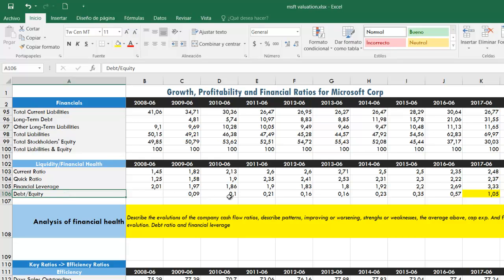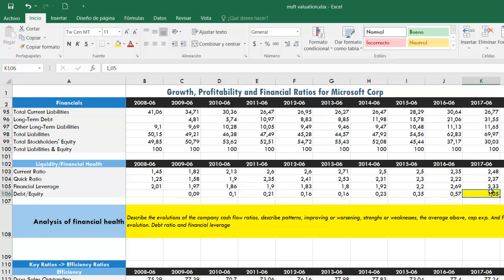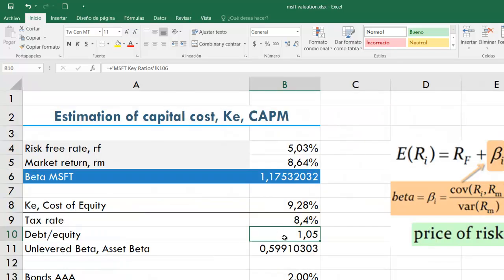This is the debt to equity ratio, and we have it for most of the years, and for our last year it is 1.05 times. So we type it here.